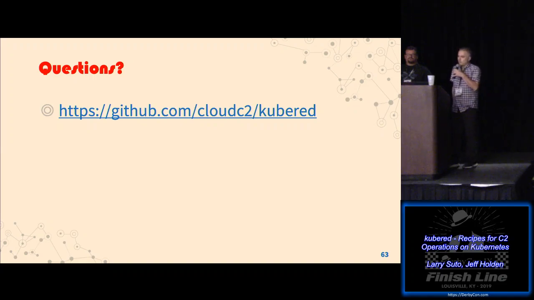It's going to have the basic kubered script, the full Cobalt Strike deployment, the Helm chart for Cobalt Strike, and maybe the Merlin chart as well if I can get it done. But that's coming. It's almost done. And over the next few weeks, we'll try to do some more C2. And yeah, that's basically it.